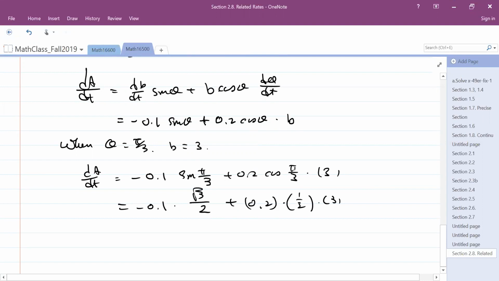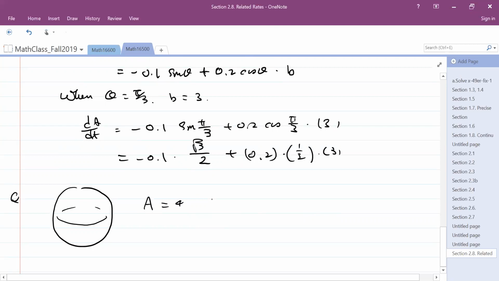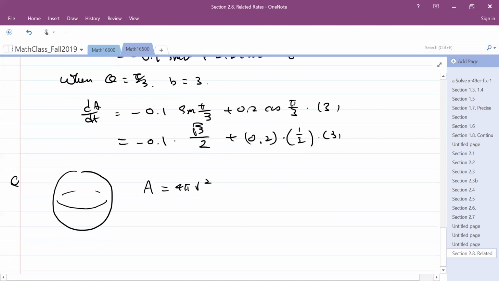So the rate of change depends not only on the rates of change of b and theta. It also depends on the values at that moment. Remember the problem we did, the surface area of the Earth, A equals 4 pi r squared? There are two variables here, A and r.